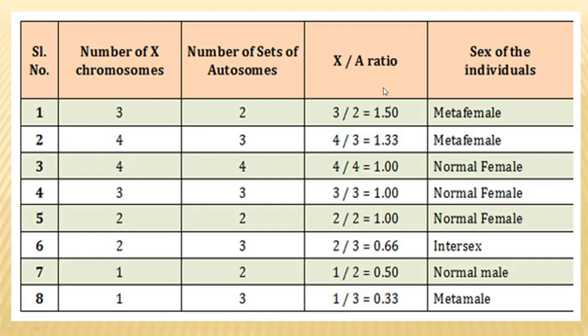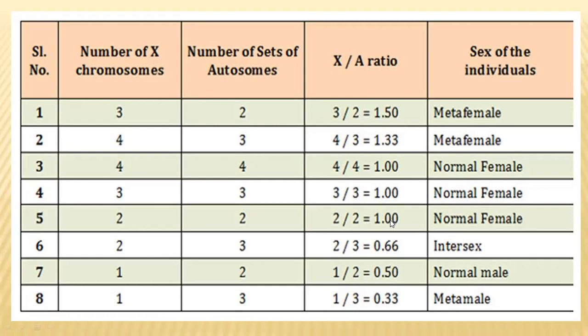So if these ratios fall between 1 and 1.5, so 1.01 to 1.5, such types develop into meta females, which are hyper females. And if this value is 1, they will develop into normal females.